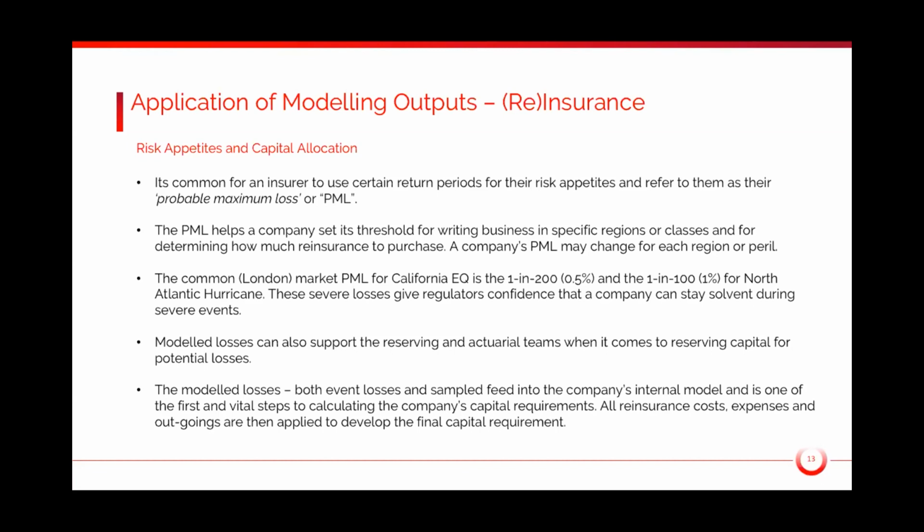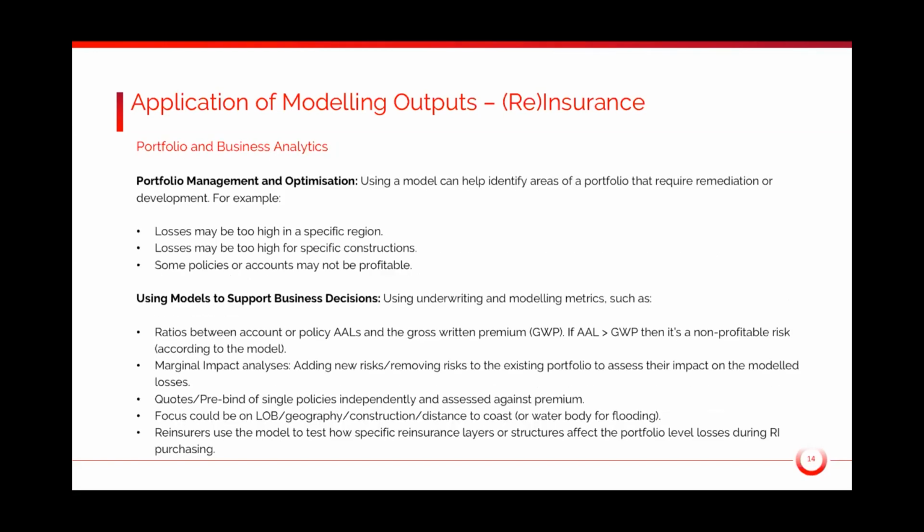They'll have all of their reinsurance costs, expenses, outgoings, everything piled and loaded onto these initial model losses to help develop their financial bottom line and what capital is required to cover everything that they potentially see as risk for their company.